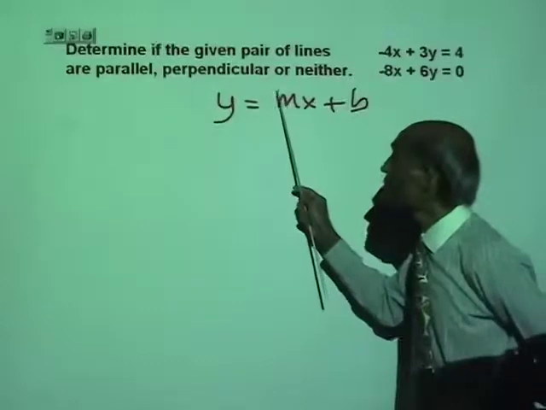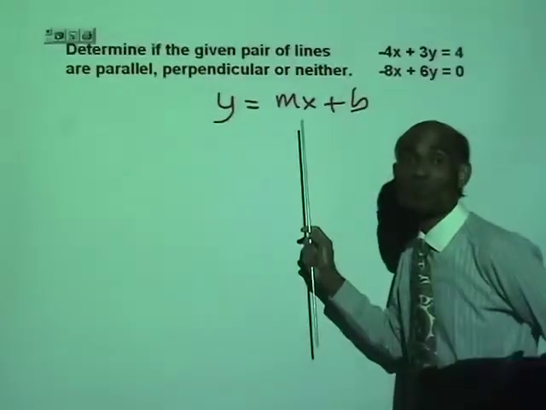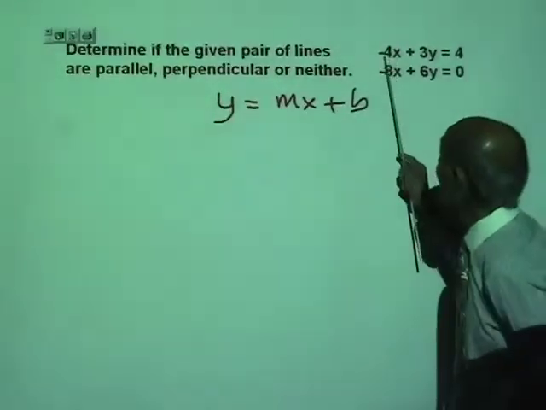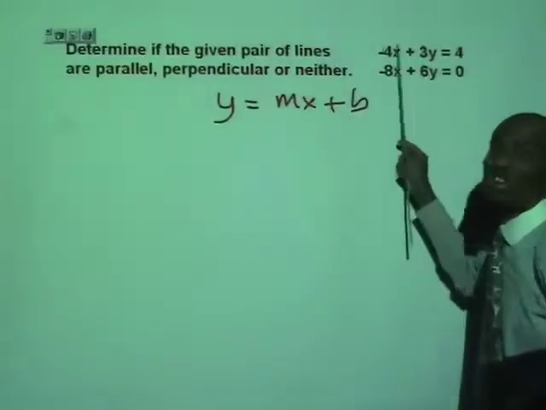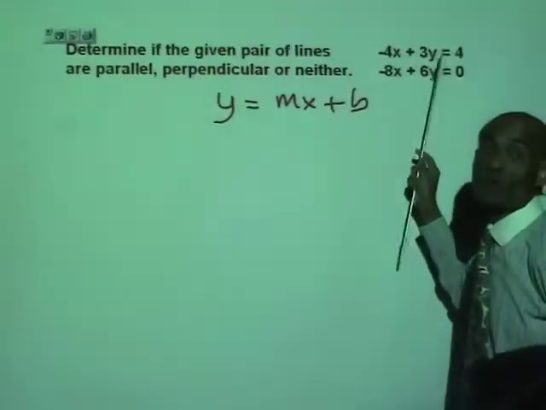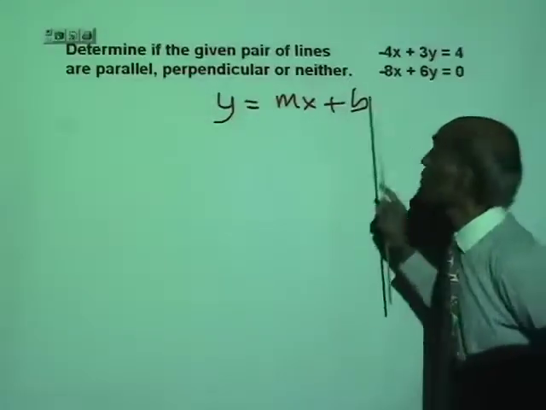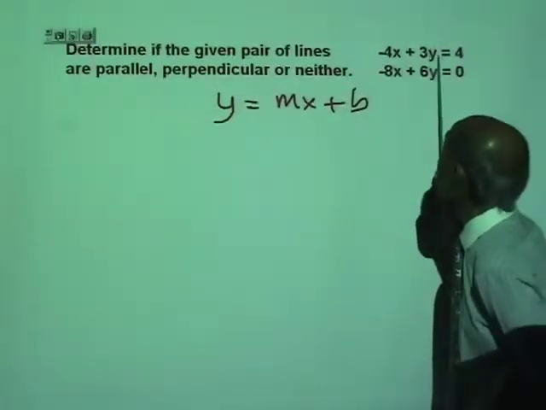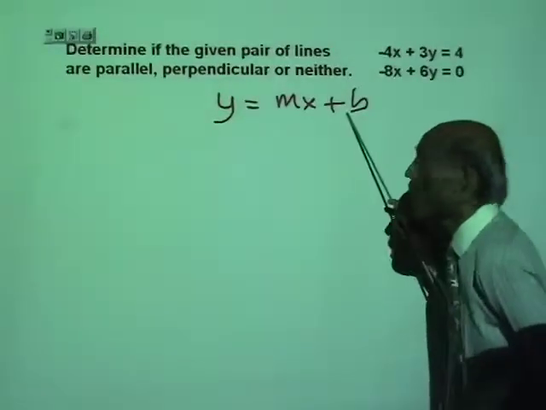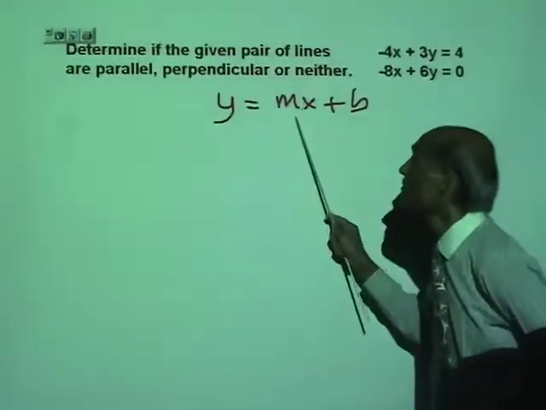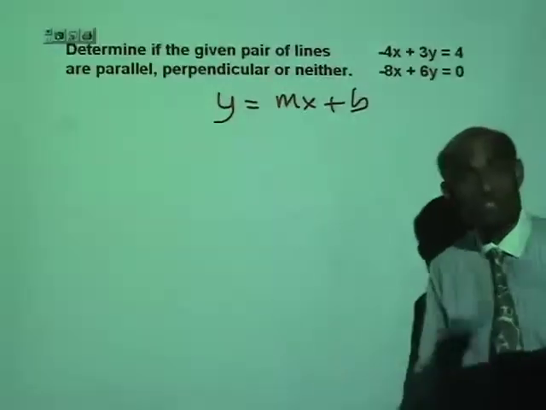We are interested in this quantity, the slope. So, if you want to find the slope of a line that is given in the general form, all we need to do is solve the equation for y and write it in this form so that we can find the slope. Let's do that.